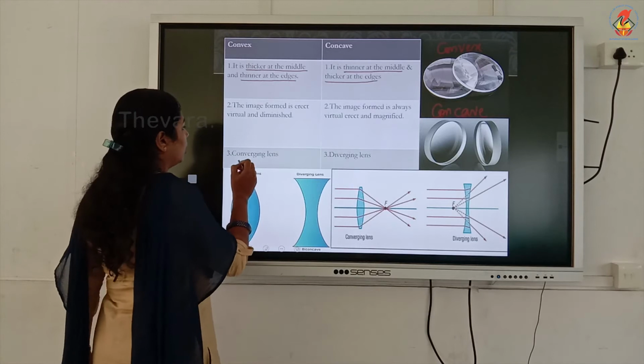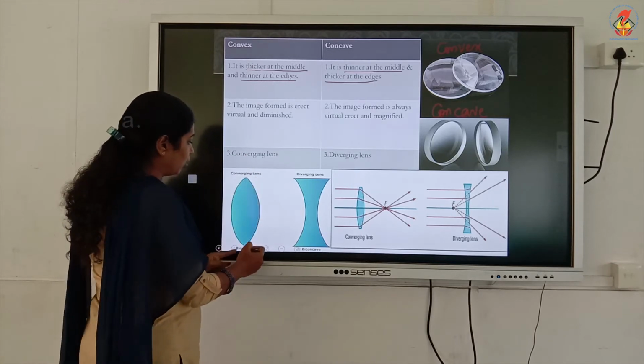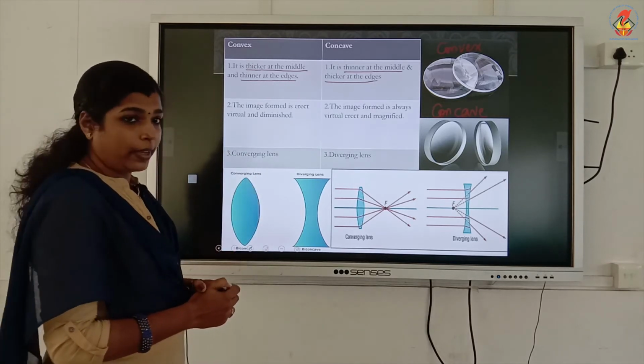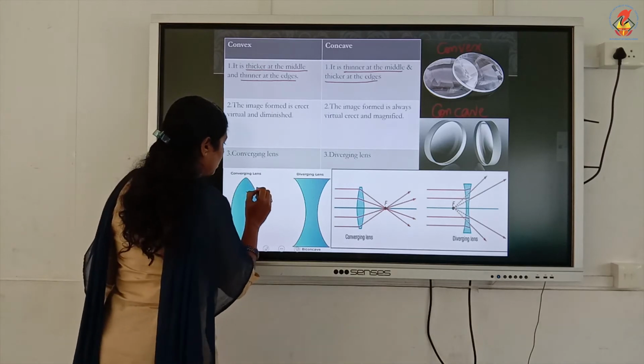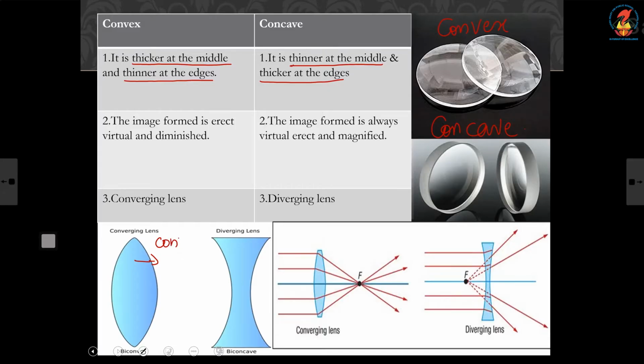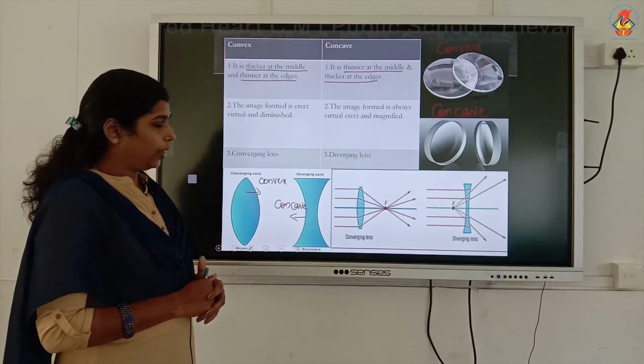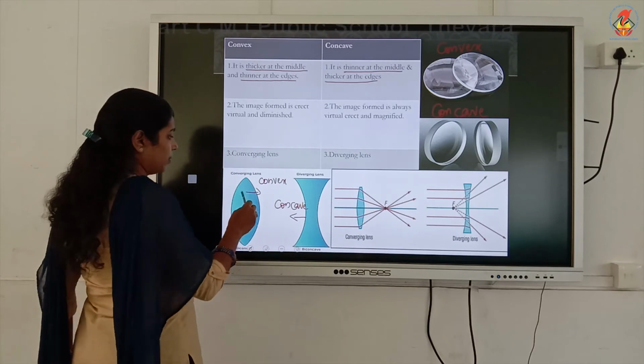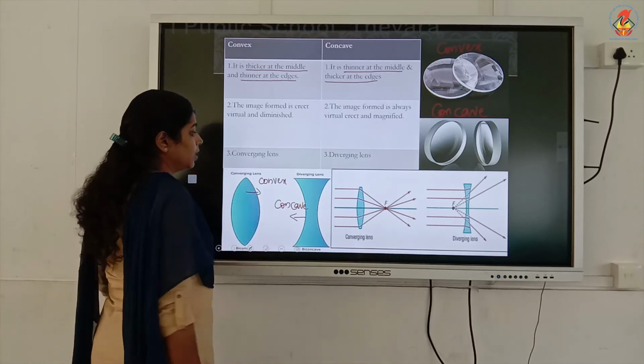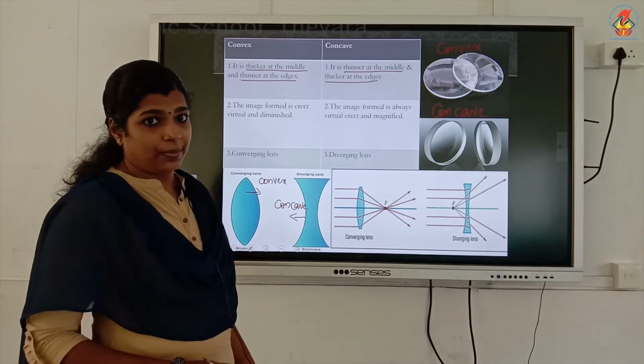In this way, we will draw the diagram for concave and convex lenses. This one is a convex lens and this one is a concave lens. The convex lens is known as a converging lens.